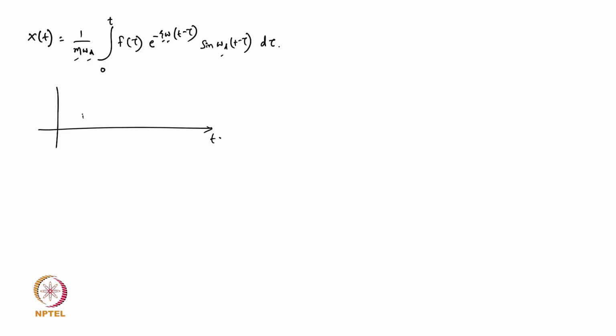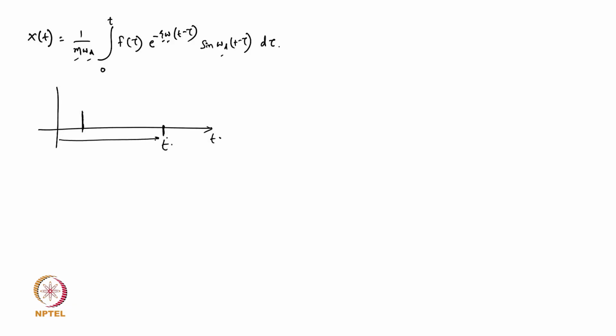So suppose we need to estimate the response at this point. This point will be my t, because we try to estimate the response at that point. And tau will vary from here to here.